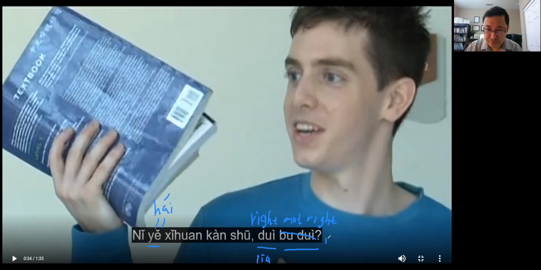Ma also means right. So these two structures express the same meaning. You can use either the affirmative-negative structure or the ma structure.